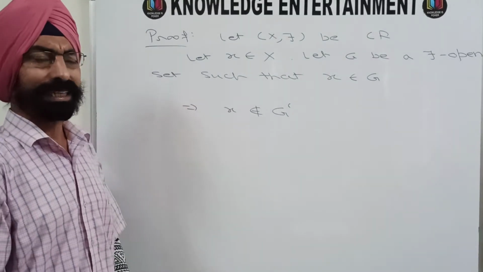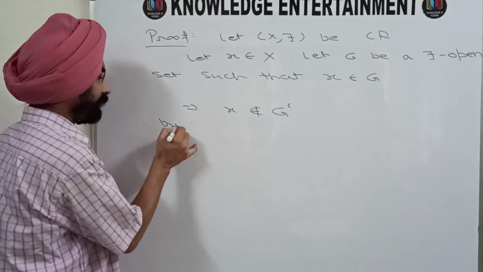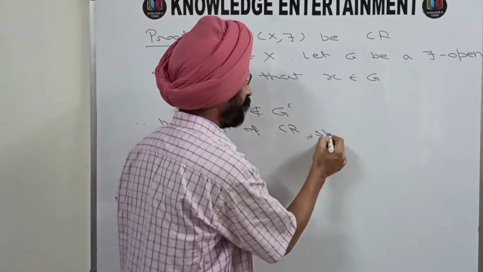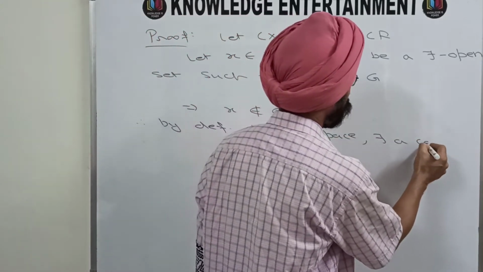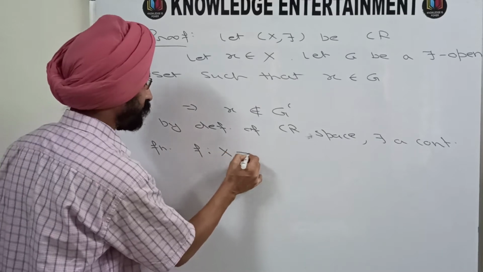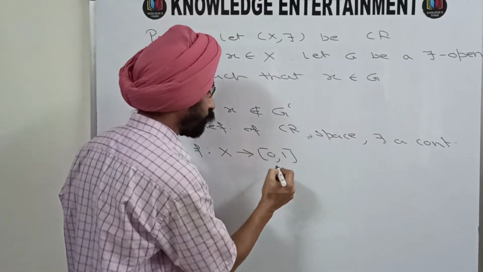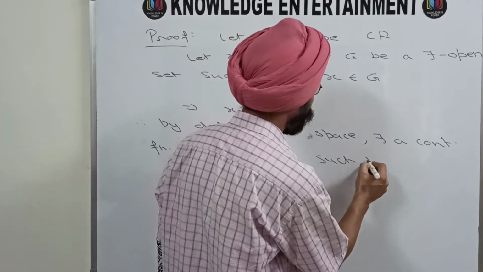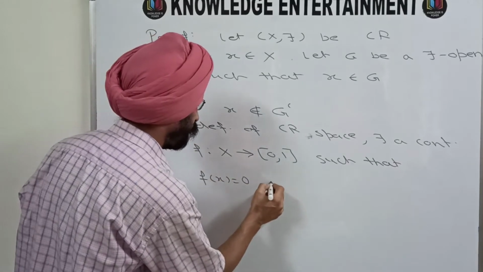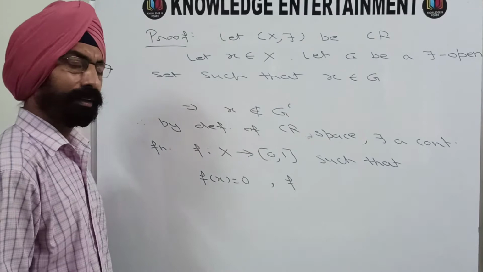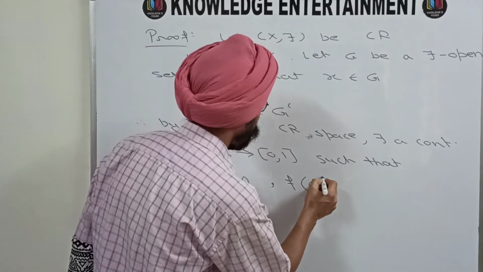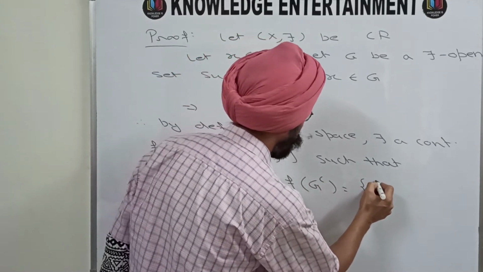Therefore, by the definition of a CR space, completely regular space, there should be a continuous function f from X to the closed interval [0, 1] as a subspace of the usual topology such that the image of x is 0 and the image of every point of G complement is 1.